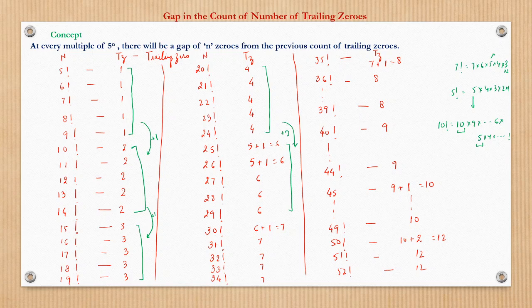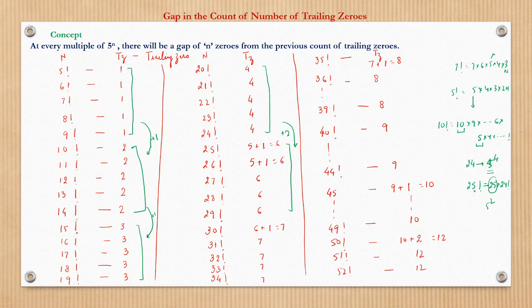Why? That is because from 24 to 25, 24 factorial has four 5s. I mean 5 raised to power 4. But 25 factorial is nothing but what? 25 into 24 factorial, and 24 factorial has 5 raised to power 4, and that is multiplied with 25, which is 5 raised to power 2.